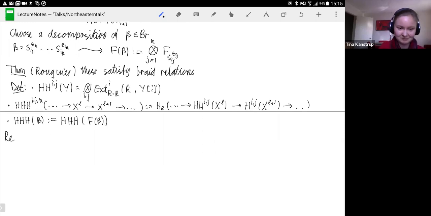So what some people want is to try to relate this to the geometry of Hilbert schemes.